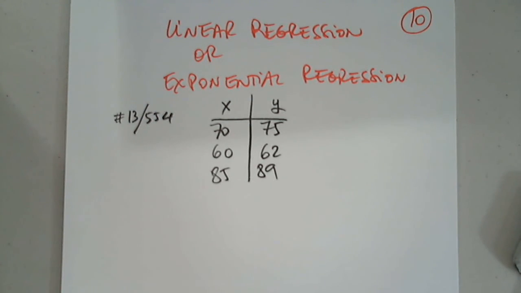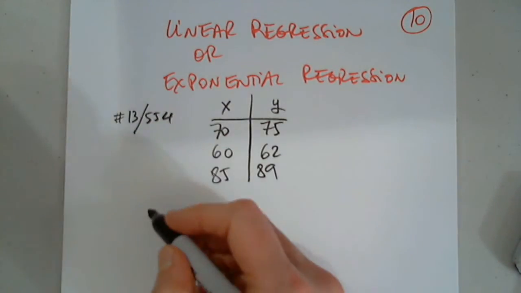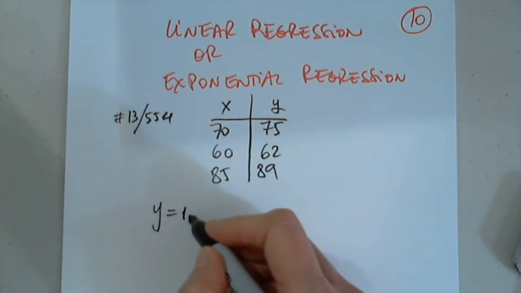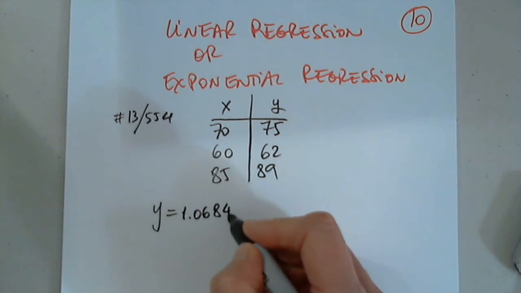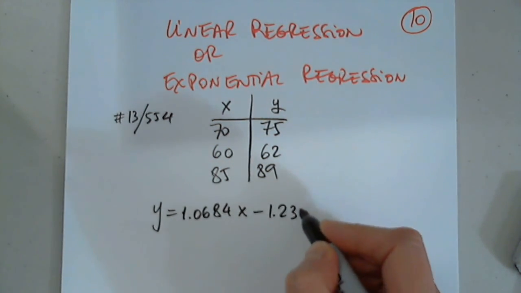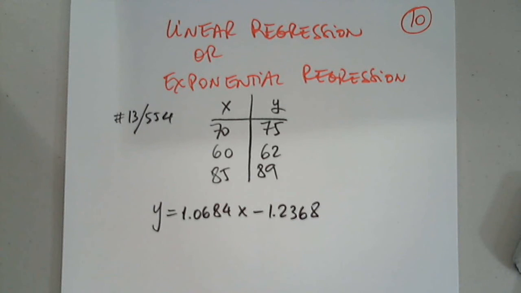But we do not need the correlation coefficient or the coefficient of determination. So these two, you may not even have them. Okay, so I'm going to write the line, which is y equals 1.0684x minus 1.2368. And this is the line that minimizes, that's why it's in calculus, minimizes the error.